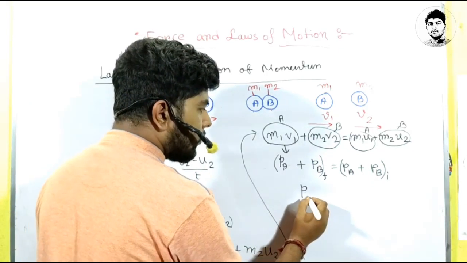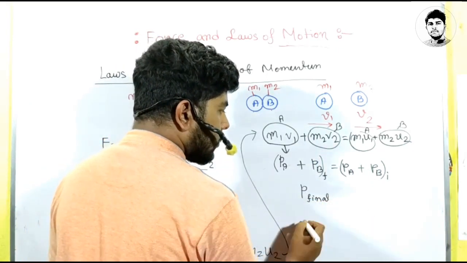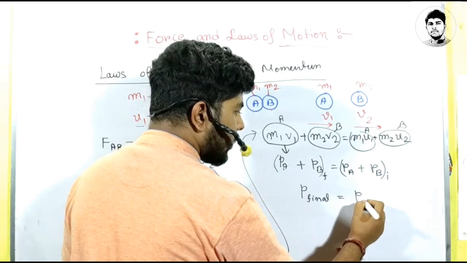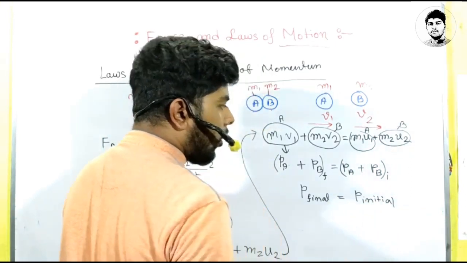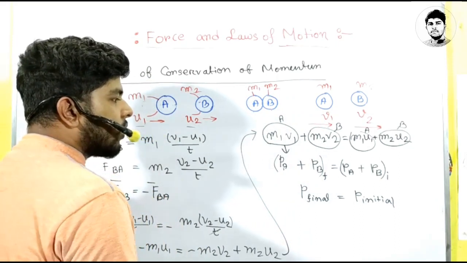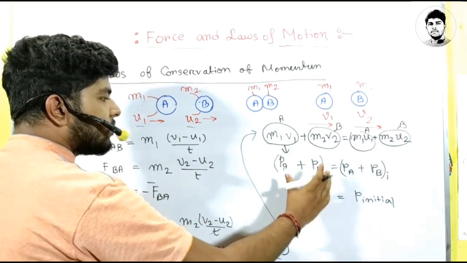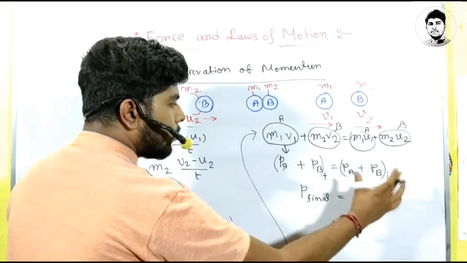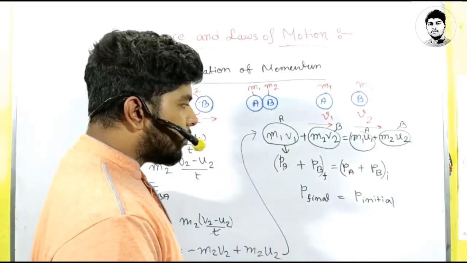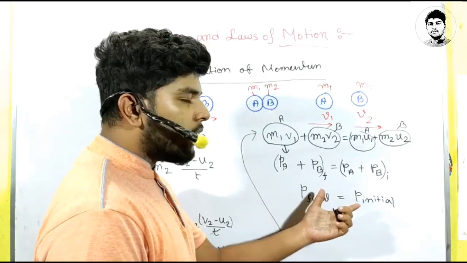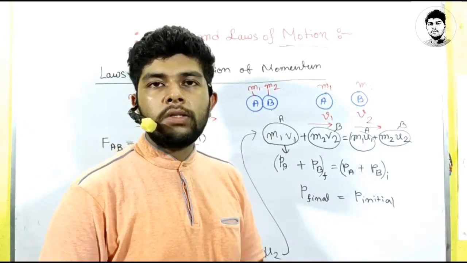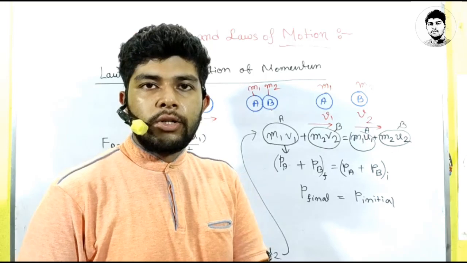So P final of the total system we can write equals P initial of the total system. Here you can see for the total system, final momentum is equal to the initial momentum. That means if there is no external force, the momentum initially and finally is conserved. This is the law of conservation of momentum.